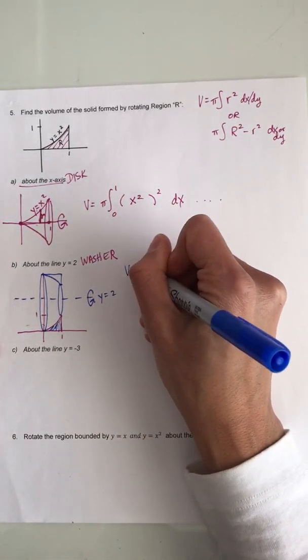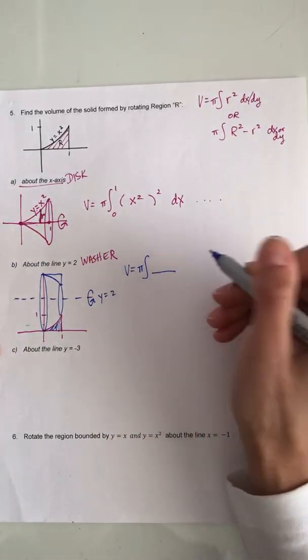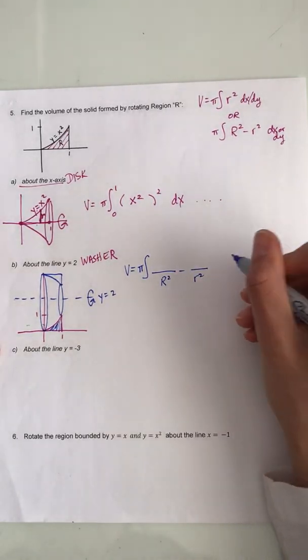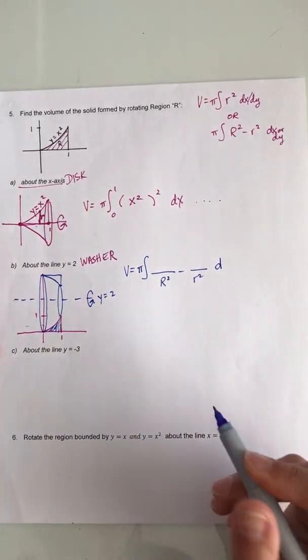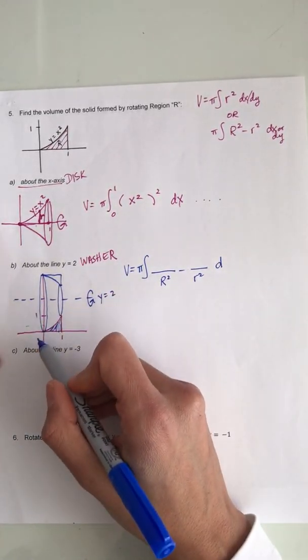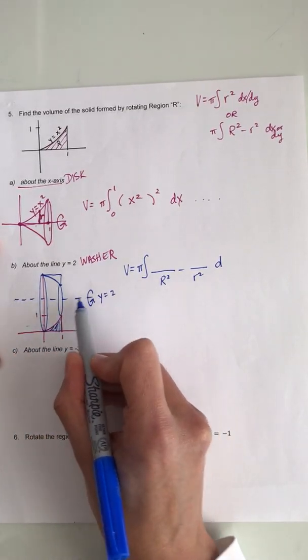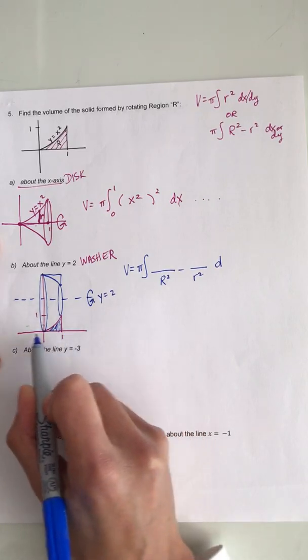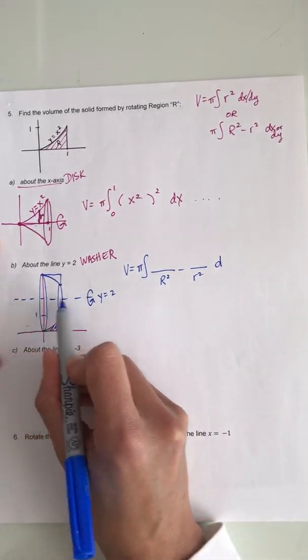Volume will equal pi. It'll be outer radius squared minus inner radius squared d what? Well, I know I'm not rotating around the x-axis or the y-axis, but the line y equals 2 is horizontal like the x-axis, okay?